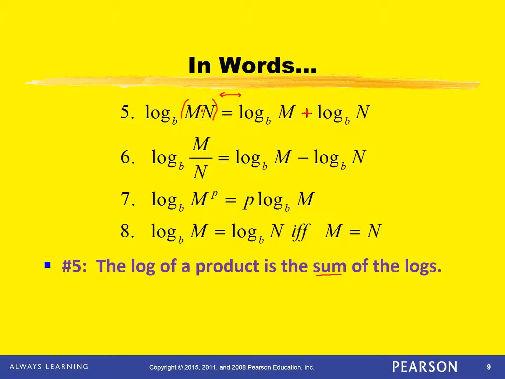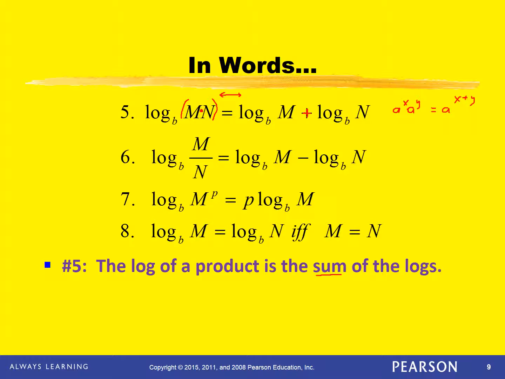And we kind of understand why this property is true if we remember that the logarithm is an exponent. And we remember the a to the x, a to the y equals a to the x plus y rule, that when we multiply exponential expressions with the same base, we end up adding the exponents.